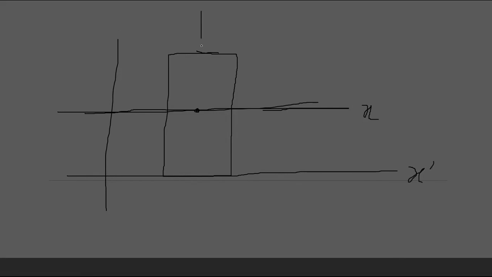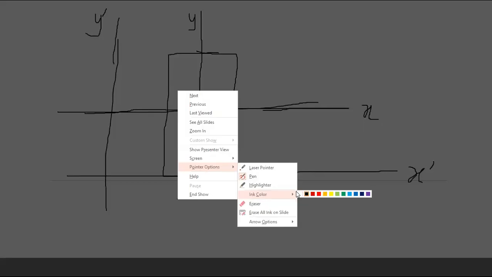Let's say this is y, and this is y dash. So the x and y axes go through the centroid, but x dash and y dash do not. Let me draw y dash here.